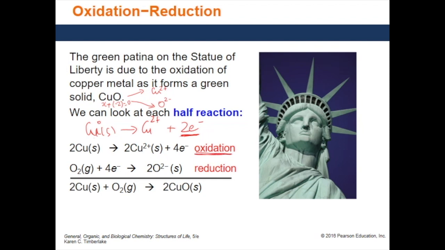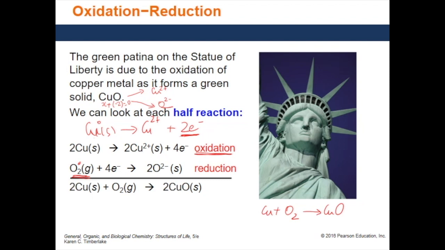On the other hand, how is this getting oxidized? Copper is reacting with the oxygen in the air to form copper oxide. So the other reactant here is oxygen. Oxygen is O2, which has a charge of 0, and is changing into oxide. Oxide is O2-, like we saw here.